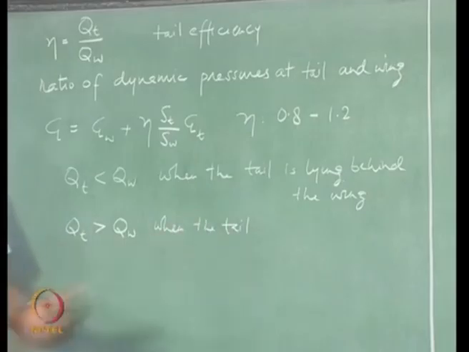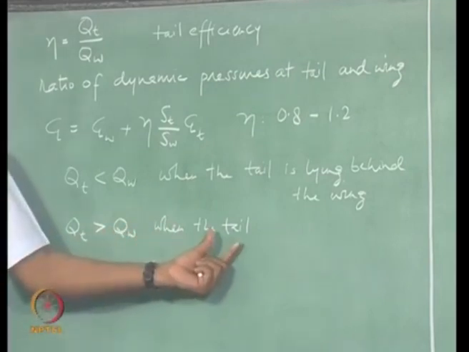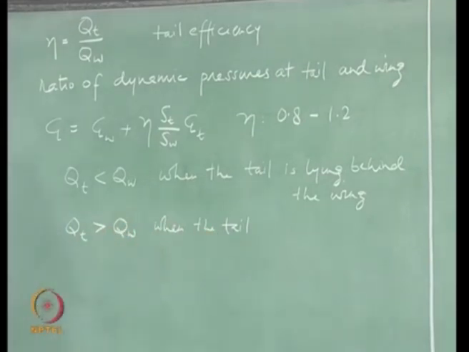It's being called tail because it's lying behind the wing, right. What do you call this surface when it's lying ahead of the wing? It's canard, right. So, for canard configuration, you have Qt which is larger than Qw.